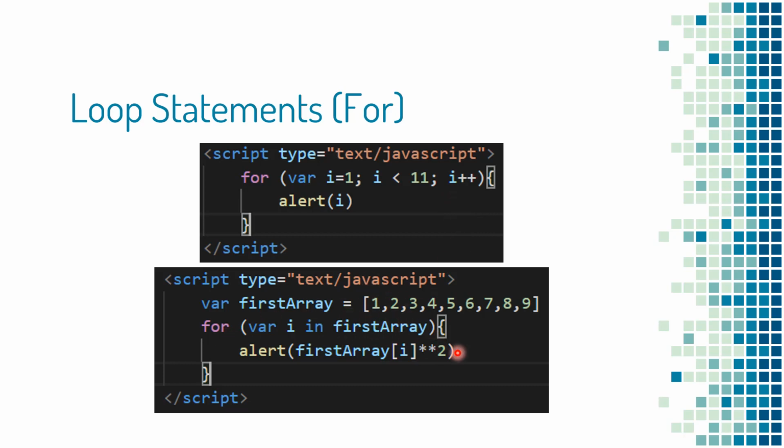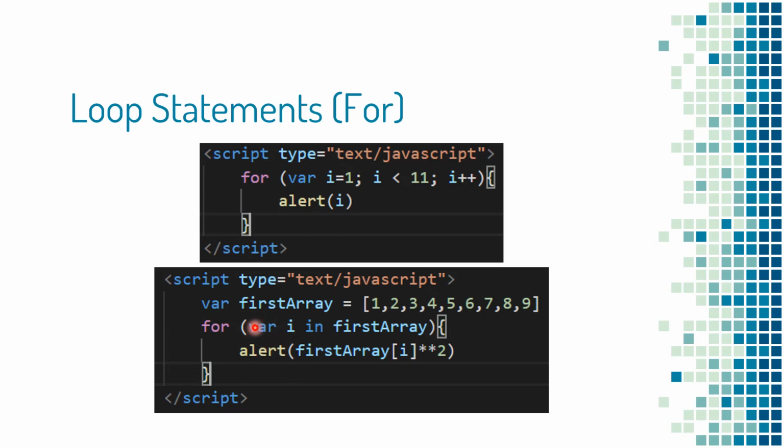The other component that JavaScript provides is for in. This kind of statement is usually used when you have an array and you want to iterate over all these elements. Instead of trying to do it the same way with for, for simplicity you may use this one here.